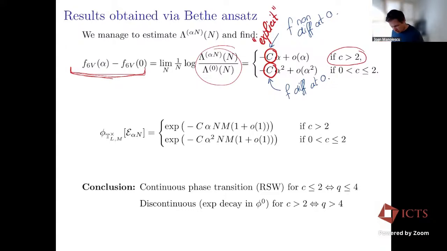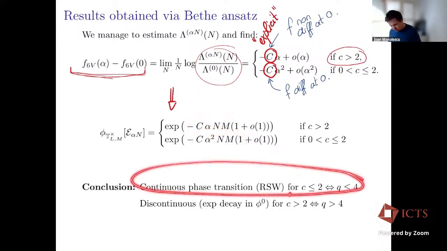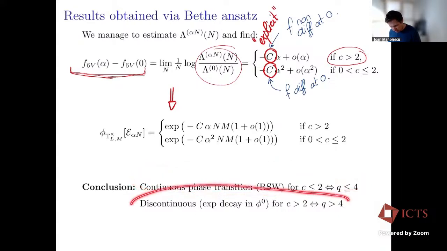And so from this, as I explained before, you conclude the probabilities of these events with many primal and dual crossings either have a probability of this form or of this form, and from this you obtain the conclusion, which is that the phase transition is continuous when Q is smaller than 4 and discontinuous when Q is larger than 4. So this is the end of the proof which solves the dichotomy, which tells you when you're in the one case and when you're in the other case.